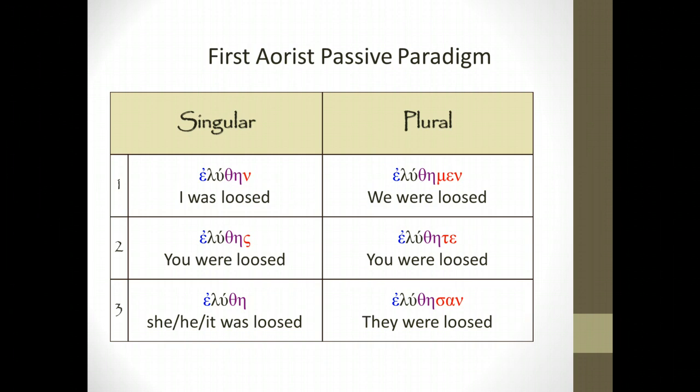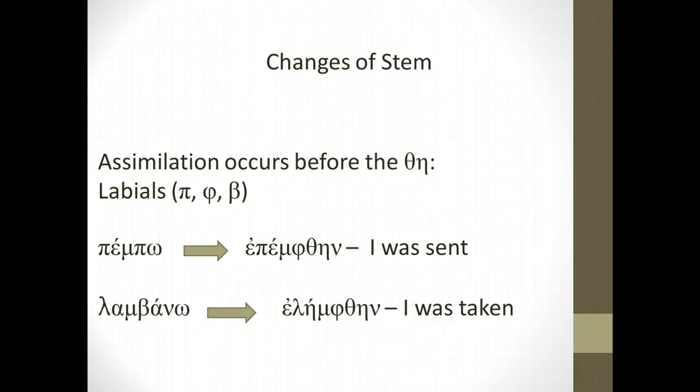Now, just as you saw with the sigma suffix and the kappa suffix, when that theta eta comes in contact with certain consonants at the end of a stem, assimilation will take place. So in the case of pempo, these are the labials, your pi, your phi, and your beta, letters that you use your lips to pronounce.